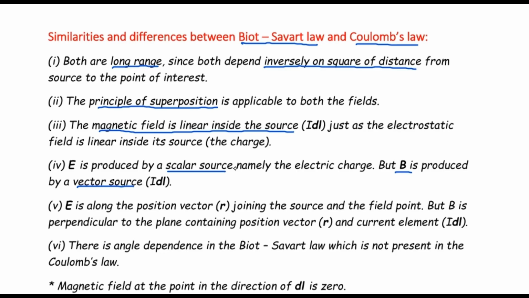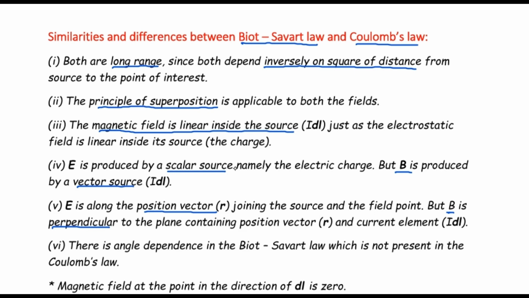And E bar is along the position vector, the line joining the source and the field point, but the magnetic field is perpendicular to the plane containing the position vector and the current element.